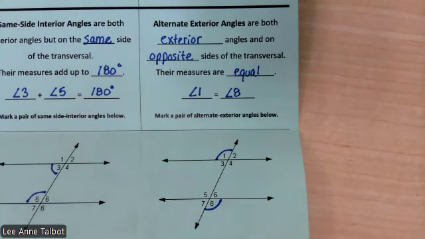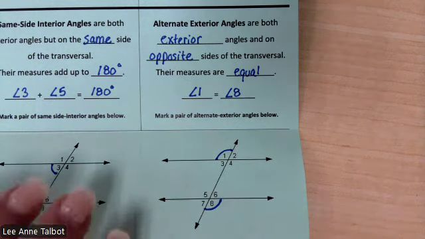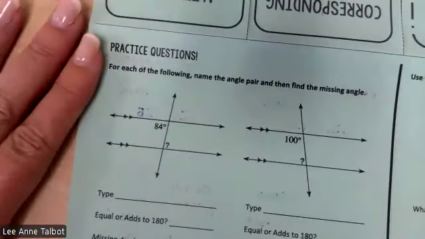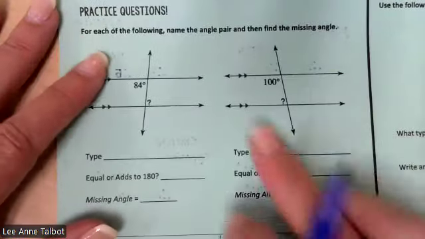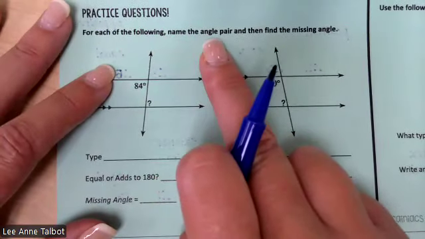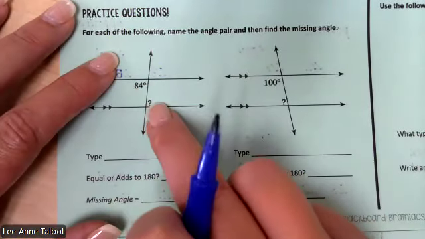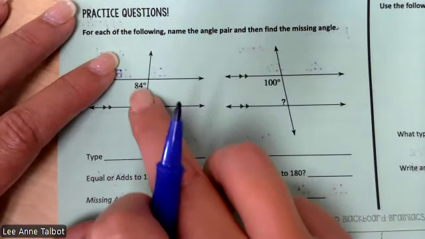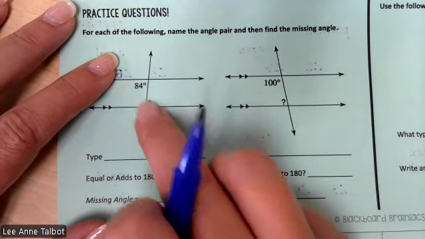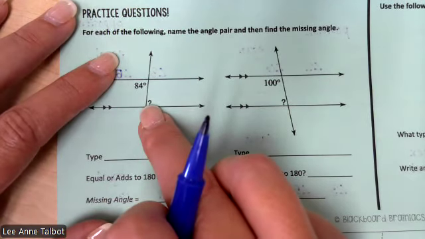Now flip over to the back side. There's a couple of example problems on the back. For each of the following, name the angle pair and then find the missing angle. Okay, so the angle pair would be 84 and the question mark. What type is 84 and the question mark?